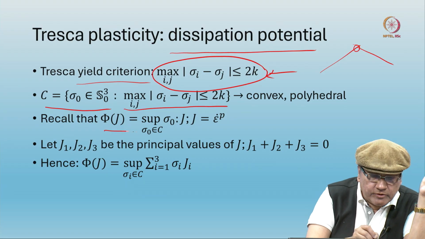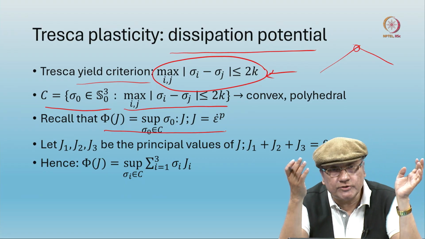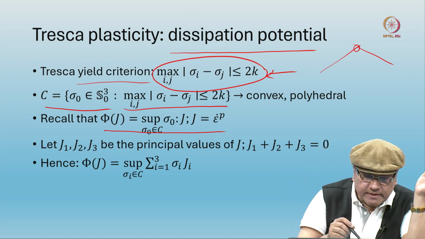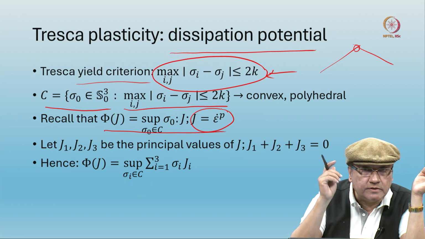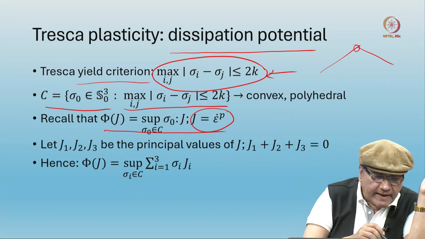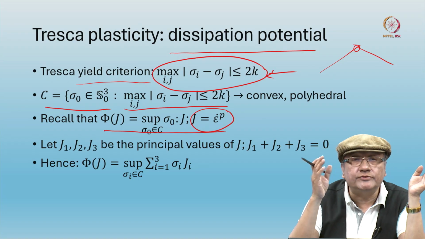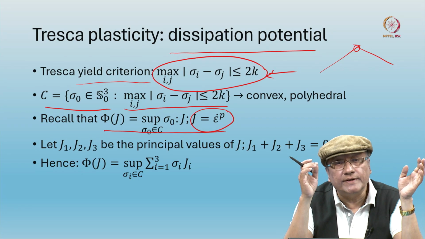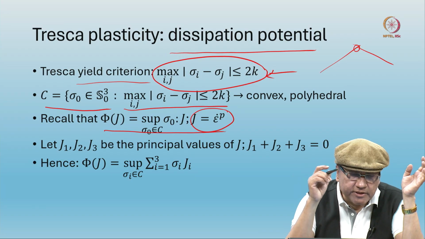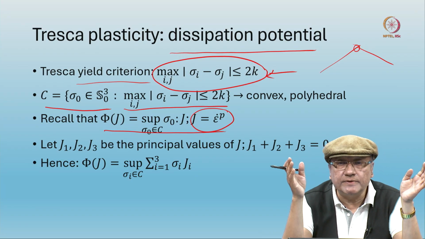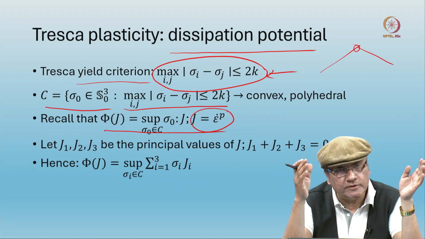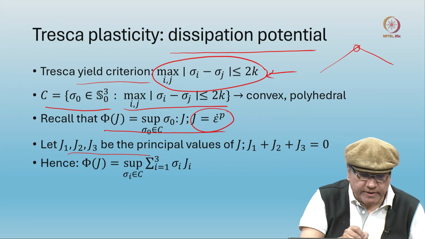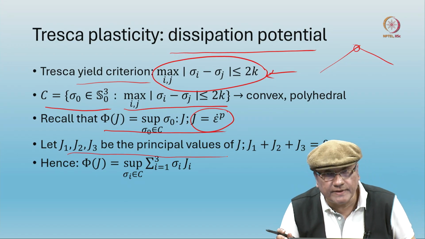Now recall that from the definition, phi of j has to be equal to h_C of j, which is the support function over C, and j is nothing but epsilon p dot, the plastic strain rate. Let j1, j2, j3 be the principal values of the plastic strain rate j. Just as sigma 1, sigma 2, sigma 3 are the principal values of the deviatoric stress sigma 0, similarly j1, j2, j3 are the principal values of the plastic strain rate.